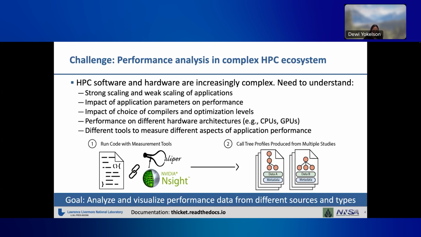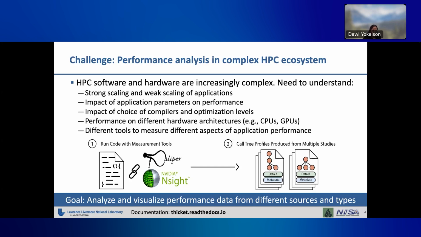We also want to look at the impact of changing application parameters and how that might affect performance. These might be parameters specific to an application. We also want to look at the impact of our choice of compilers and optimization flags, optimization levels, that we use when we build our code.